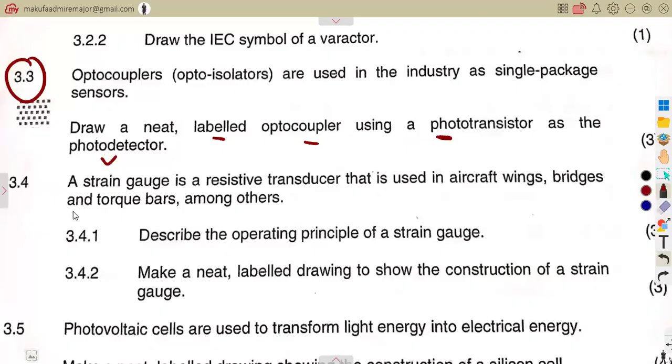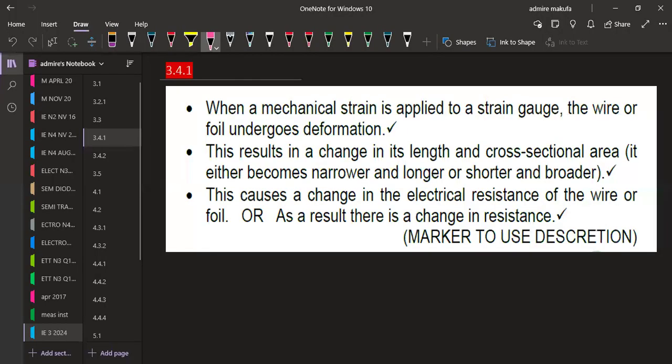And also 3.41, describe the operating principle of a strain gauge. Considering a strain gauge, what is the operation? So there we have got when the mechanical strain is applied to a strain gauge, the wire or the foil undergoes deformation.